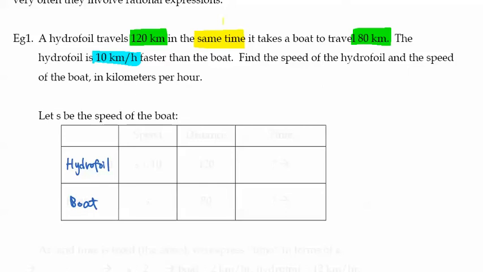So we are going to set up this problem here using a table by starting with a let statement. Find the speed of the hydrofoil and the speed of the boat in kilometers per hour.